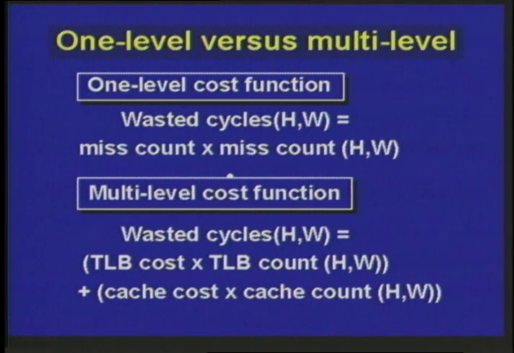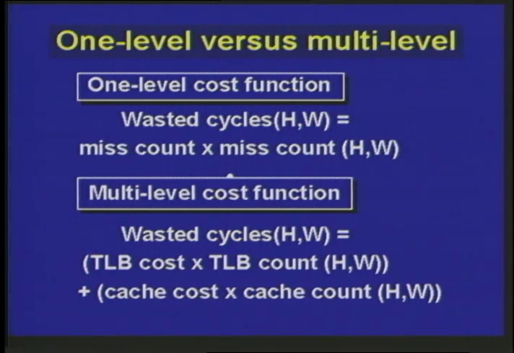So what we're going to do is contrast using single-level cost functions, where we use a cost function for cache only, or a cost function for TLB only, versus using a multi-level cost function. You can see that in these cost functions, what we're doing is multiplying the miss count by the miss cost.